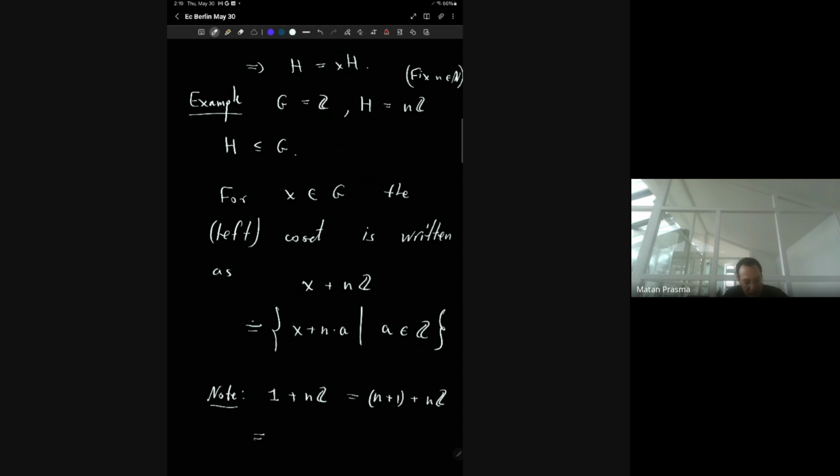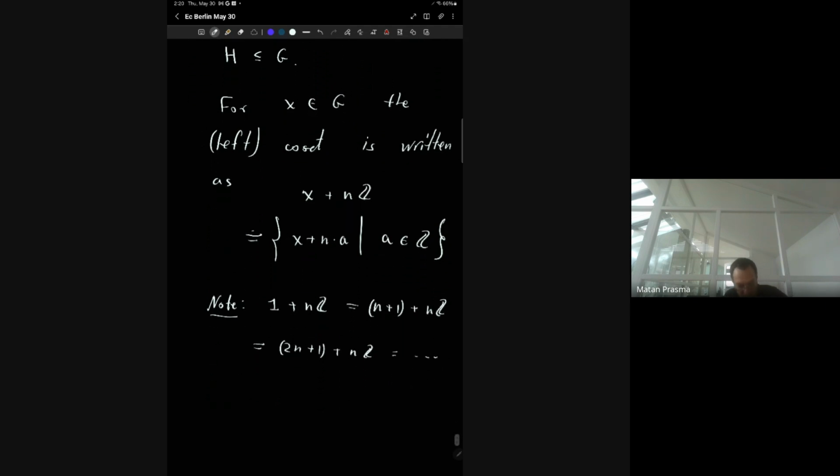And it's the same as 2n plus 1 plus nZ. And so on. Right? You see why? Let me do the first equality, and then you get the principle.